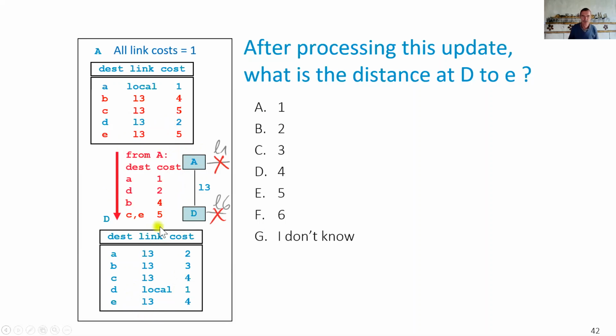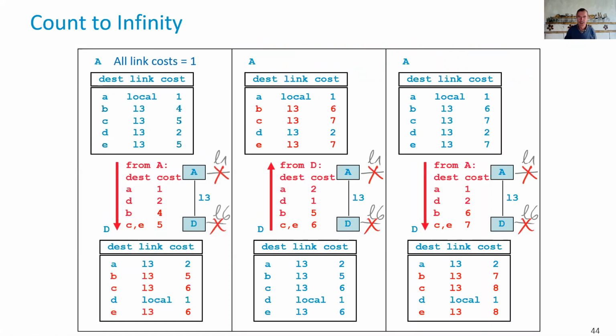So if I receive an update from the next hop, I adopt it. So D will adopt it, and A is saying I am a distance of 5. So D will say now I am at a distance of 6.